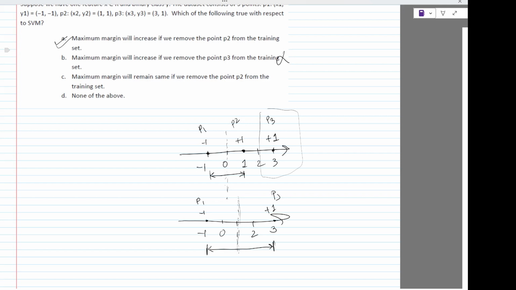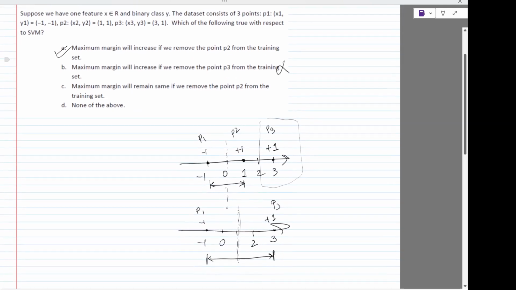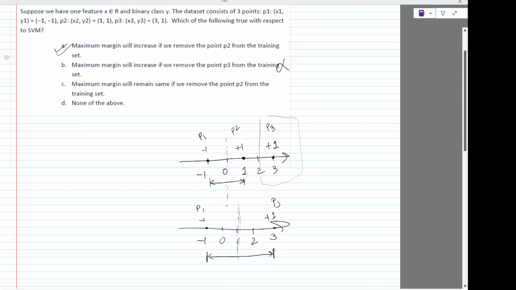Maximum margin will remain same if you remove point 2 from the training set. So that we have just shown, by removing point 2, the maximum margin is actually increasing, it won't remain the same. So this A option seems correct.